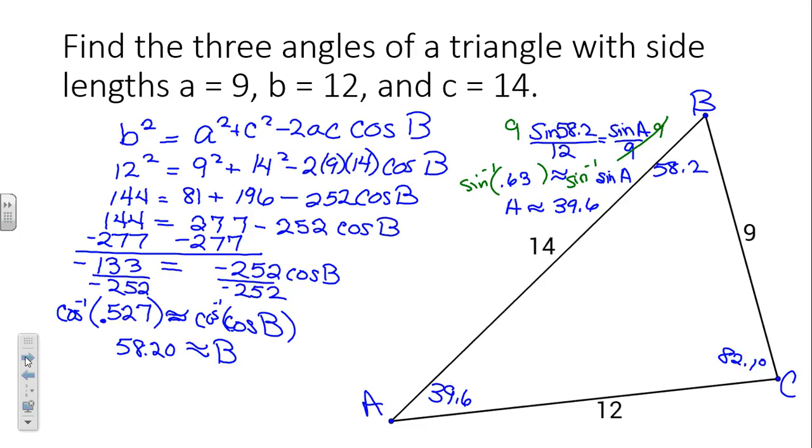A good check on these is your largest angle should be opposite your largest side, your smallest angle opposite your smallest side, right? So you know whether you're doing this right or not. Good? Questions on this one?